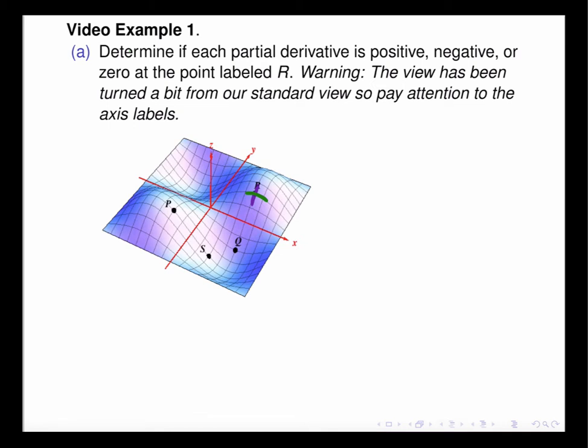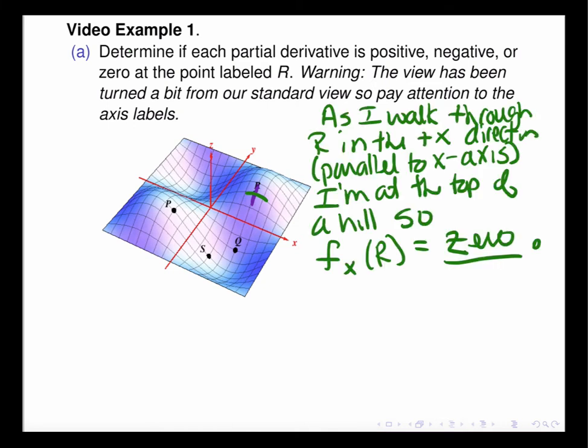That's a positive derivative. Downhill, negative derivative. The top of a hill or bottom of a valley, zero derivative. As I walk in the positive x direction through that green arc at the point r, I'm at the top of the hill. So the partial derivative of f with respect to x at the point r is zero.